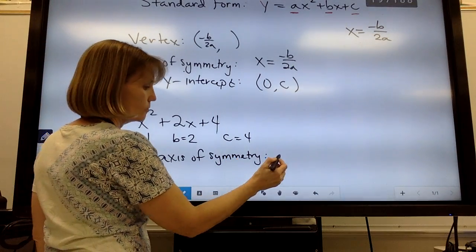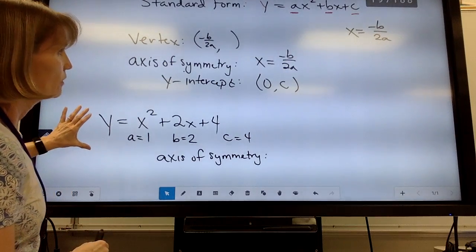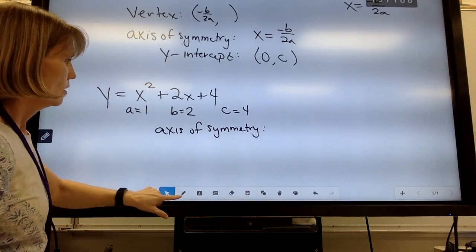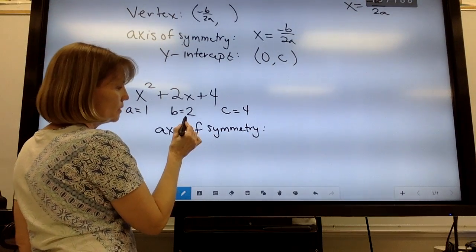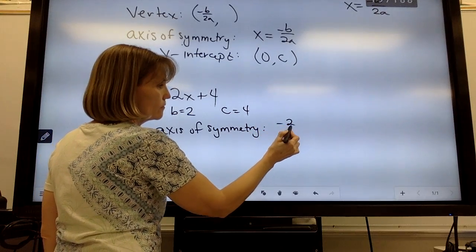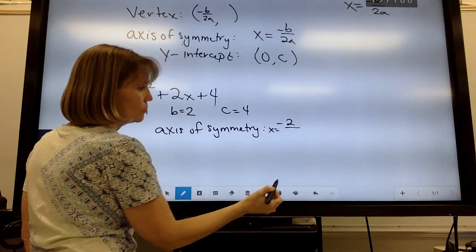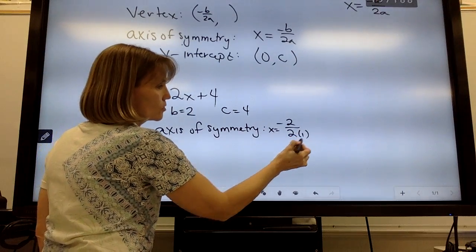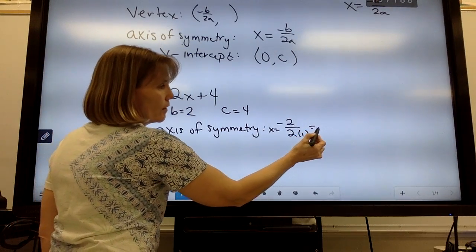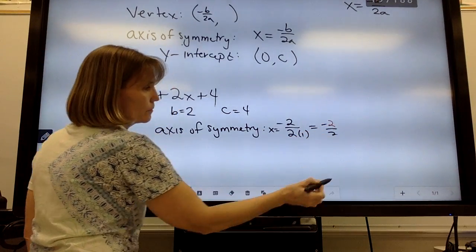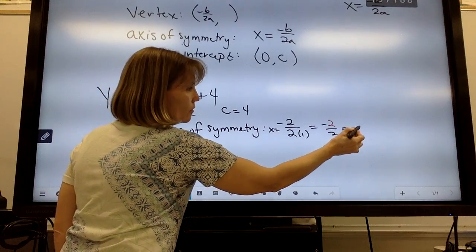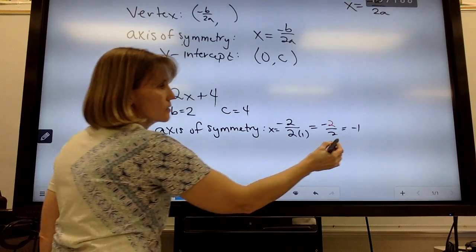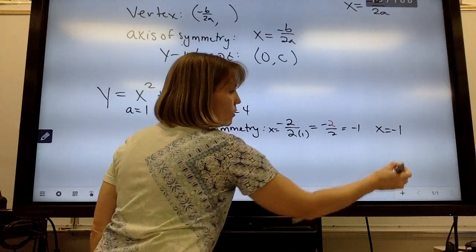So my axis of symmetry is the opposite of b, so the opposite of 2 is negative 2. x equals negative 2 over 2 times my a value. My a value is 1. So I'm going to evaluate this, negative 2 over 2. I get negative 1. So my axis of symmetry is going to be x equals negative 1.